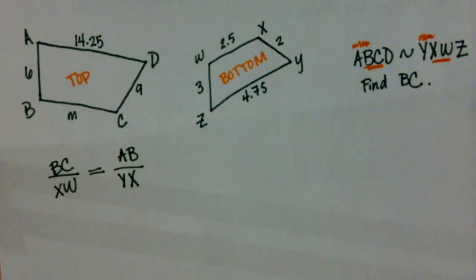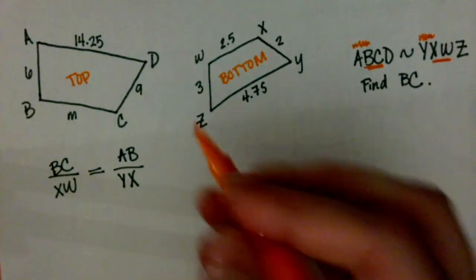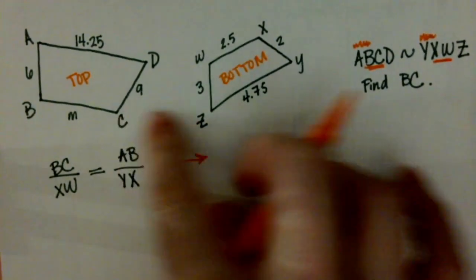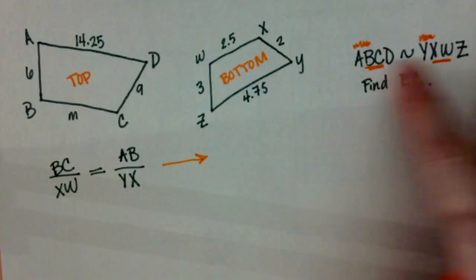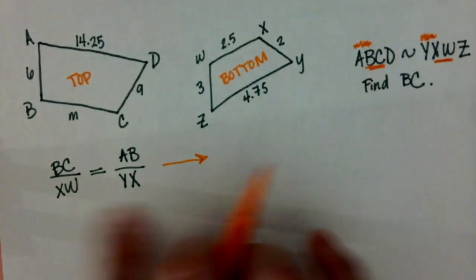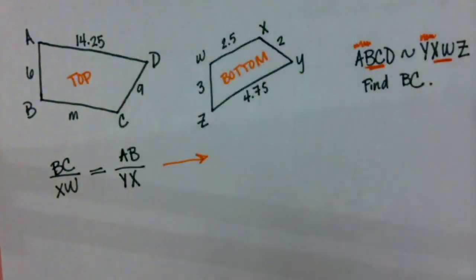Once you have your proportion set up, you're going to want to plug in the actual given information from the picture. So the first thing you use is the similarity statement to make this, then you go to the picture.